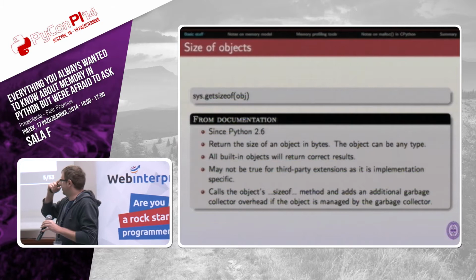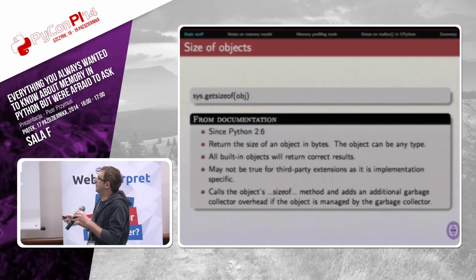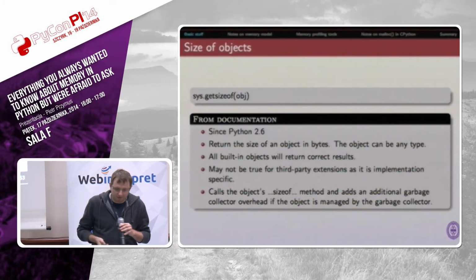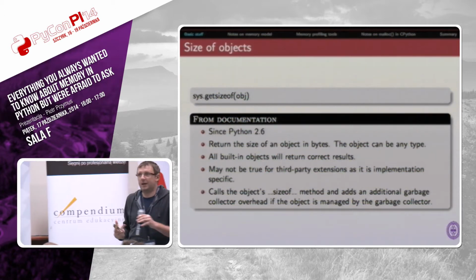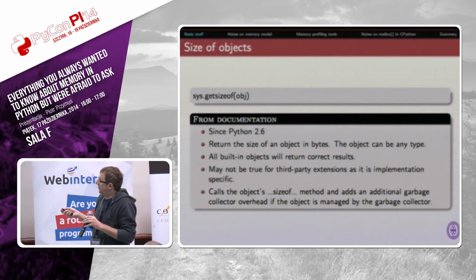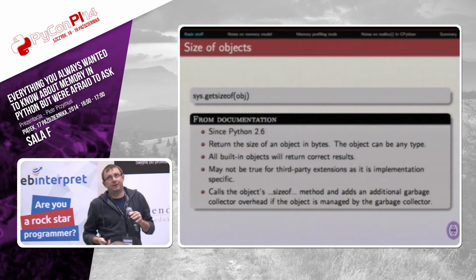You can get this information from Python using the sys.getsizeof built-in. It's there from Python 2.6, and it returns the size of your object in bytes, and it works correctly with all the built-in types of Python.